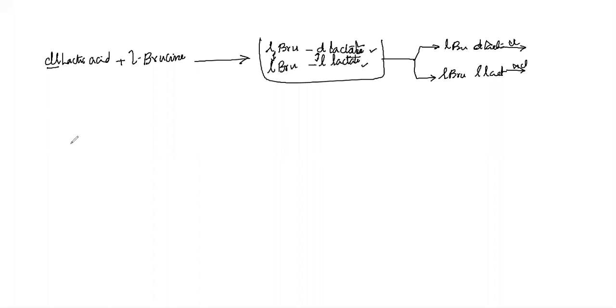Next method is the adsorption method, selective adsorption method. There are certain chromatographic column materials, like starch, cellulose, quartz. Starch, cellulose, they are all optically active.